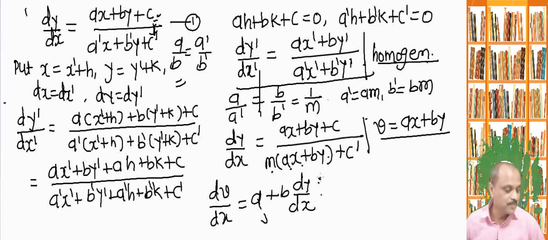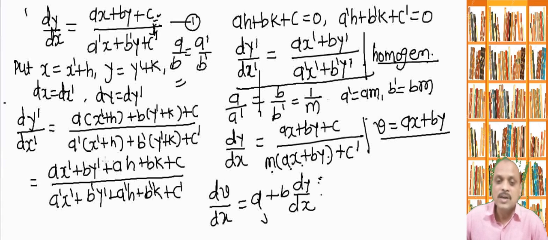So let us see examples of non-homogeneous equations. I will write an example here. I hope you have got this idea. What we have to do here: this is my dy by dx, and this is a non-homogeneous equation.